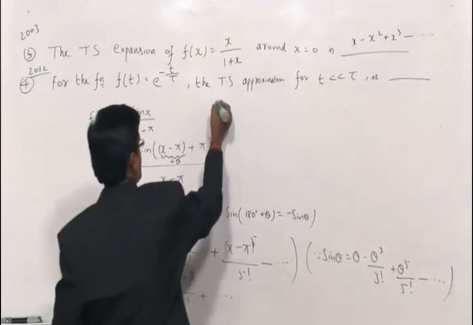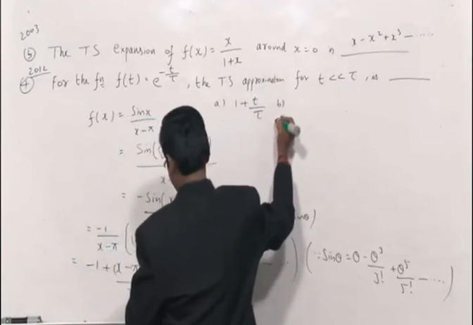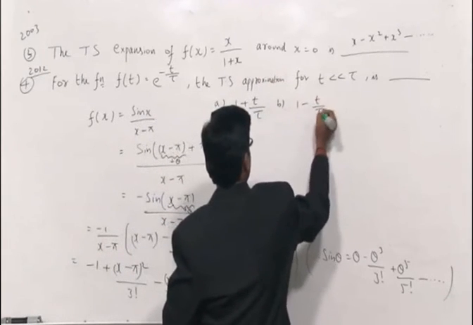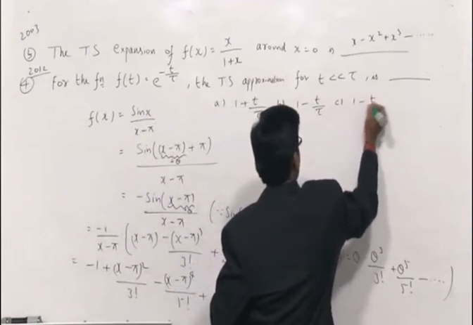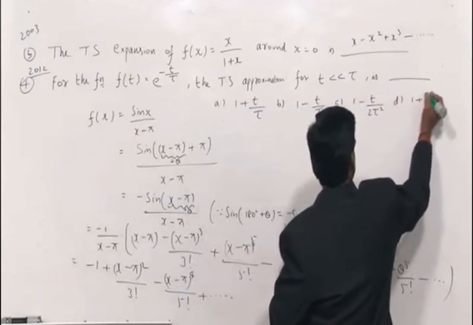Anyhow, I am giving the options: 1 plus t by tau, 1 minus t by tau, 1 minus t by 2 times tau square, 1 plus t.